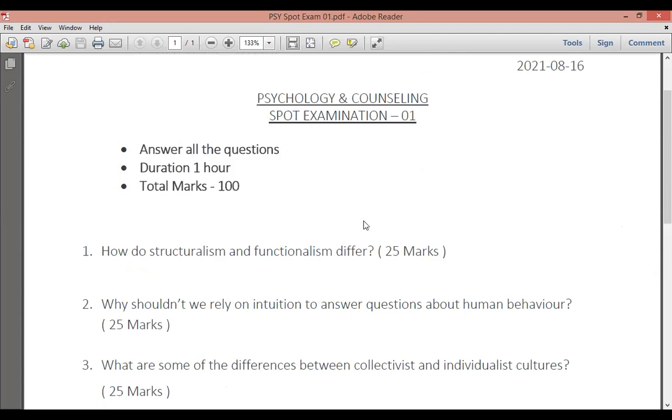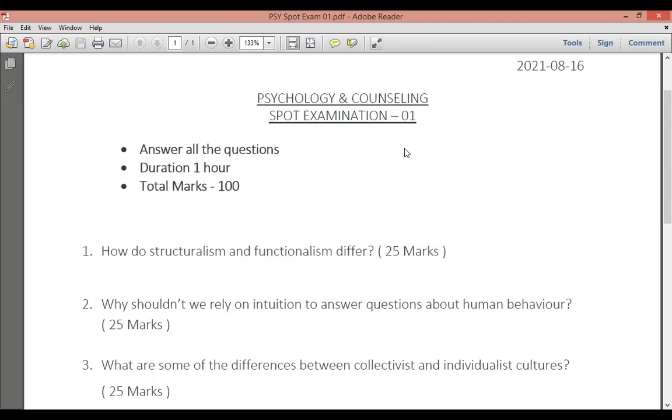So according to your answer, since it's the first examination, a spot exam, let me explain the spot examination. A spot examination is a psychologically proven method that can really determine your knowledge.